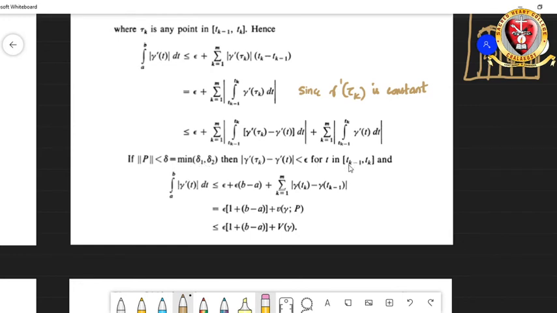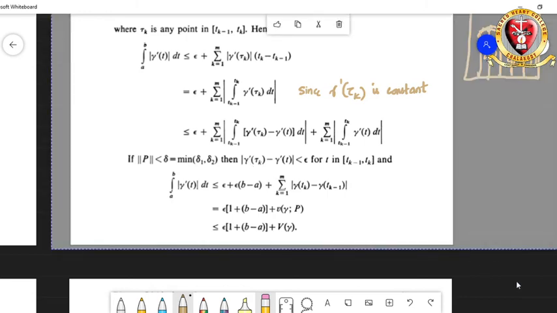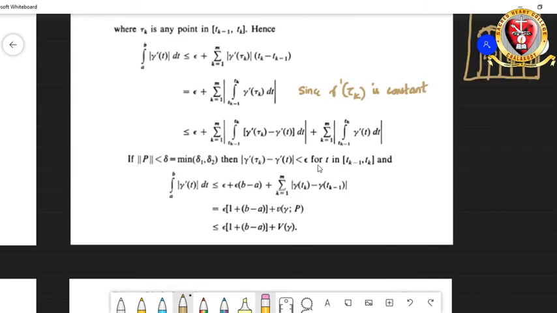So when we are taking the closed subinterval tk minus 1 to tk, definitely the length will be strictly less than delta 1, and we are taking tau k from this interval, and t is coming from this interval. That means the modulus of tk minus t will be strictly less than delta 1, so that condition is satisfied. So we get this inequality.